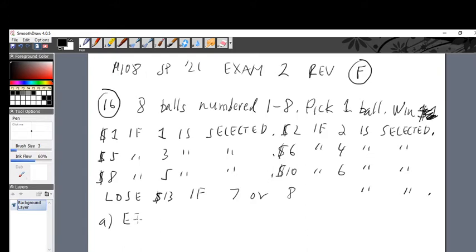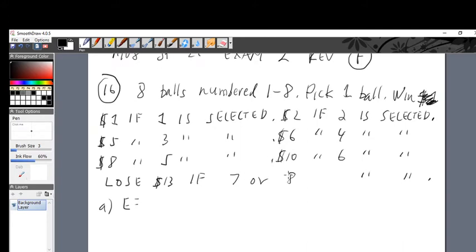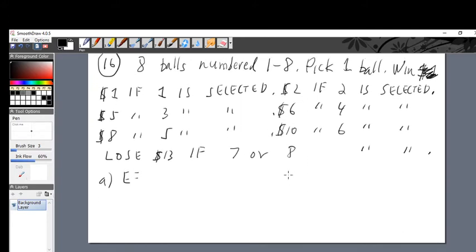So let me show you the formula. Let me move this up. I wanted to try to get clarity here. I need you to see the problem, but I want more space. So expectation, here's the formula. You take the reward for, let's say they pick 1. What are the chances of picking 1? 1 out of 8.